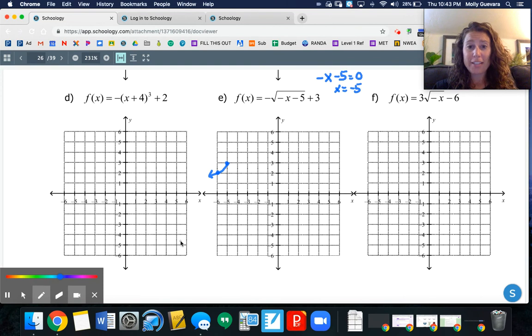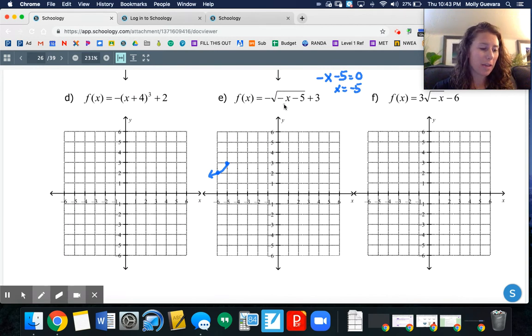All right, so E was a little bit tricky here. This is what it should look like. And if yours is going the other direction, the only thing I want to point out here is that you have a y-axis reflection as well. We didn't talk about that in part C just because it was a parabola, and so it didn't matter that there was a y-axis reflection. But I have an x-axis reflection because of this negative, and then a y-axis reflection, excuse me, because of this negative.